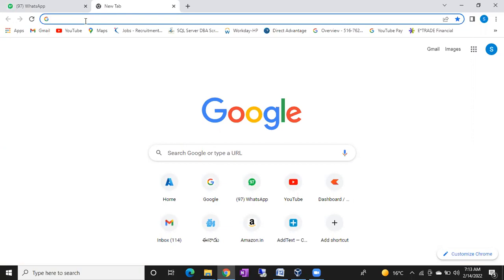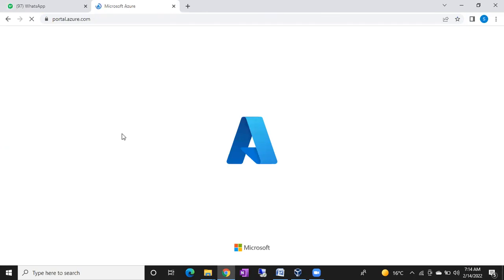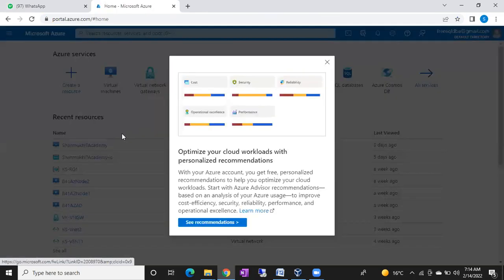Correct. Compatibility level will help you find which version the database belongs to. For example, in SQL Server 2017, the compatibility level is 140. So if you see 140, you can easily identify this database belongs to SQL Server 2017.